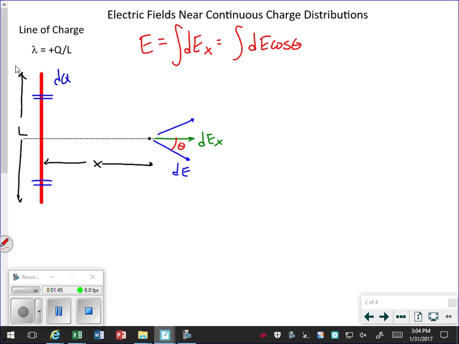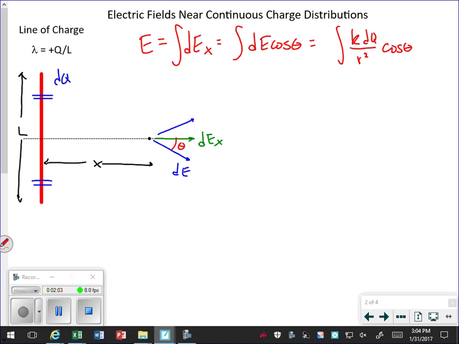Okay? Now, at this point, what you have is a couple of options. For sure we can go to the next step where we say each dE is k dq over r squared.